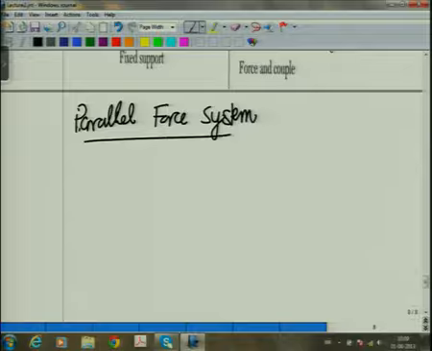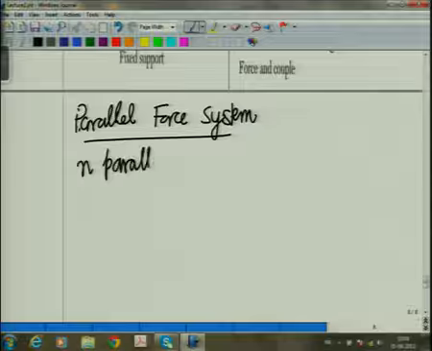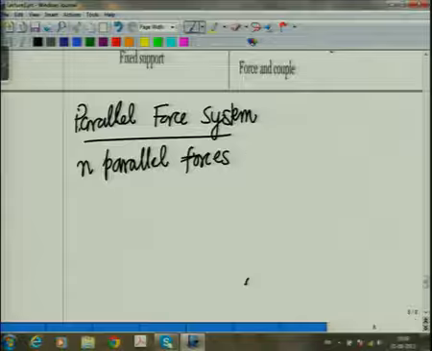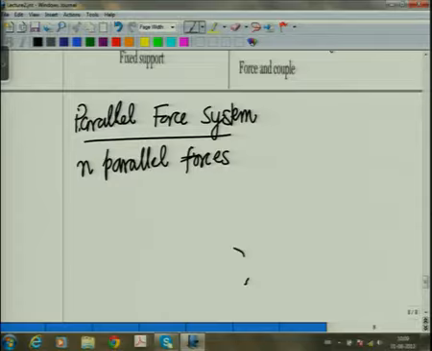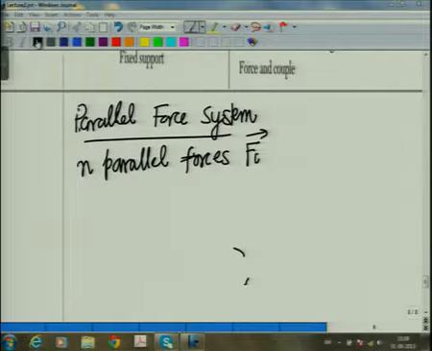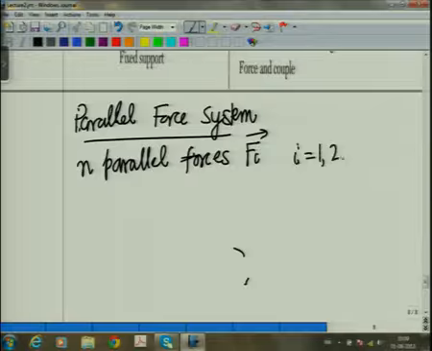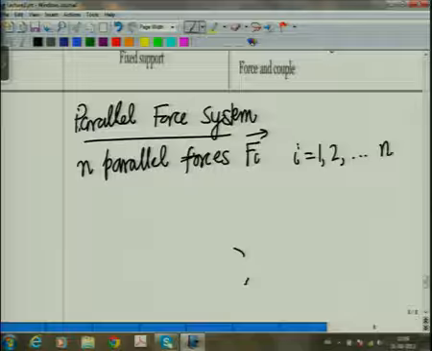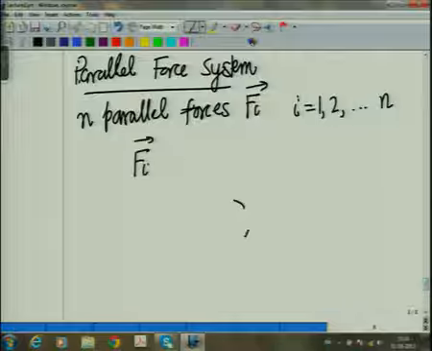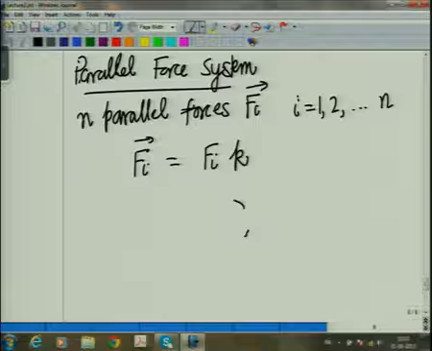Which is that of a parallel force system. In this case, what we have are n parallel forces Fi, i goes from 1 to n, and what we say is Fi is equal to f sub i a.